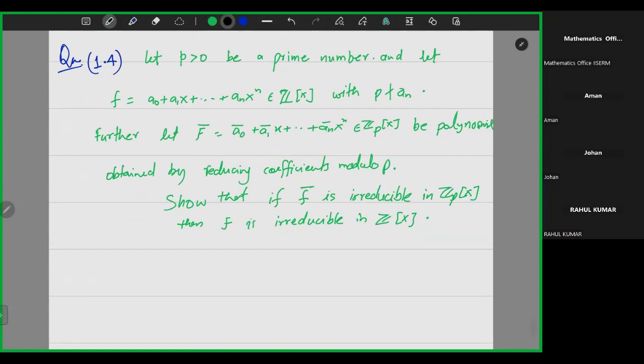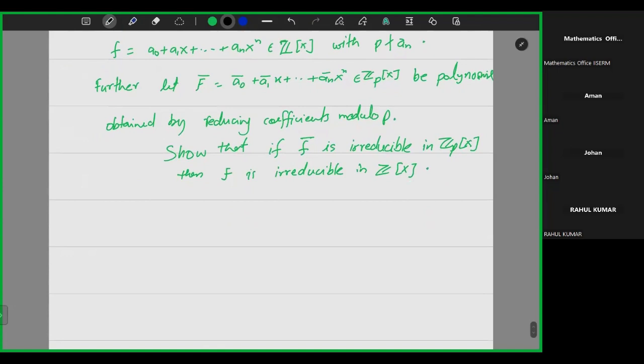How to see this? What if F is reducible? We want to show that F is irreducible. We will see that if F is reducible, we'll get some contradiction. Then it is proved.